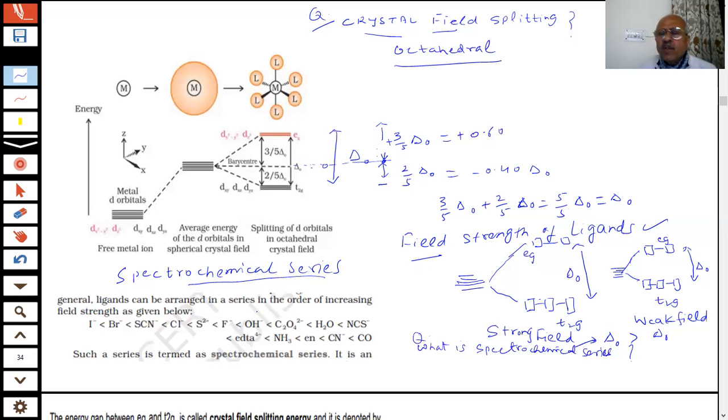We have arranged them in increasing field strength. How do we know? From spectroscopic data, they are arranged in this order.